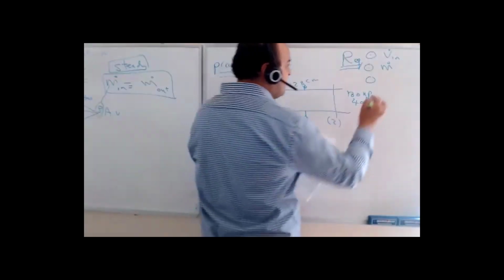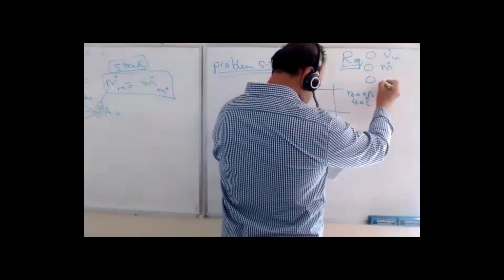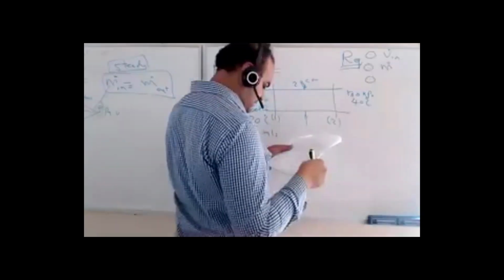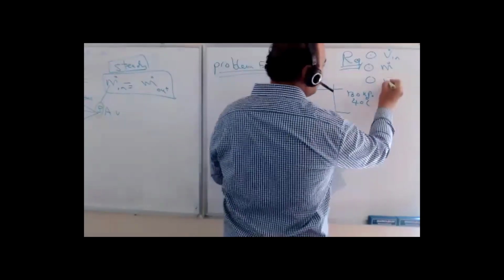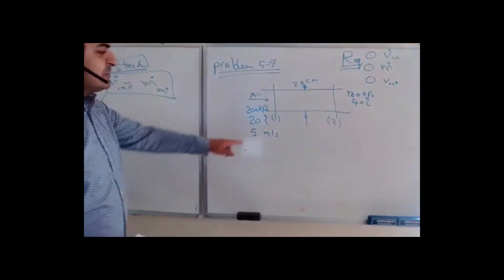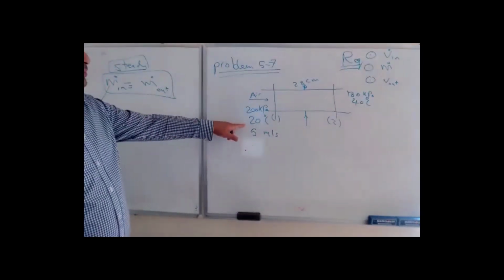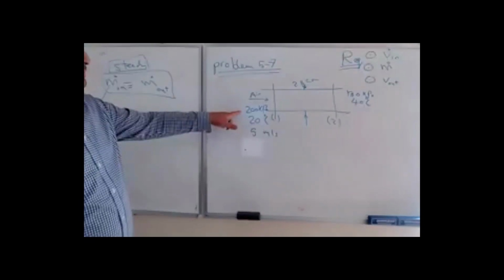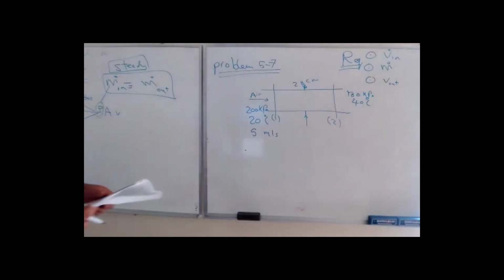Finally, V out, the velocity at the output. So I give you velocity, temperature and pressure at input. At exit, I give you pressure and temperature only. And we have constant cross-section area. I can give you cross-section here and cross-section there, like the following problem. Okay, guys?